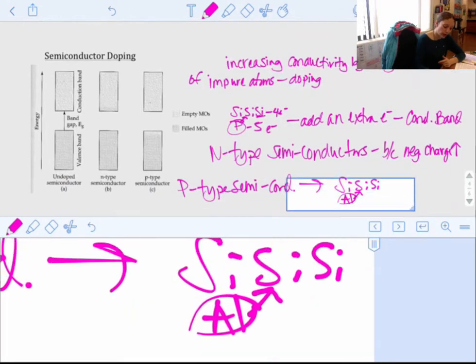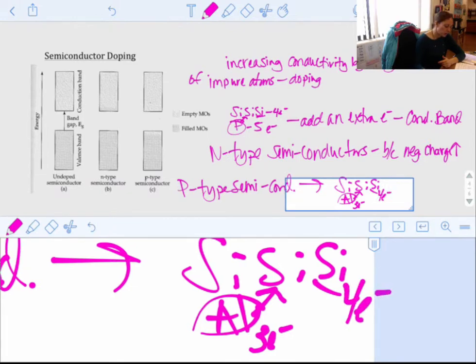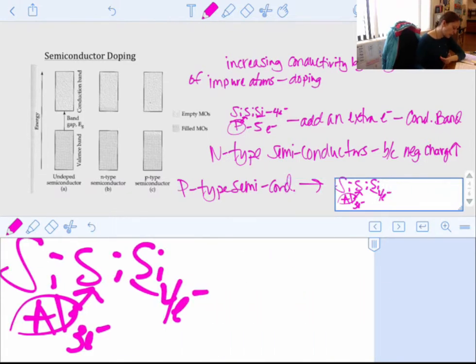Aluminum only has 3 electrons, and silicon has 4, so you now have a hole there. The spot where you lost that electron is called a hole. Since you lost that negative, it's thought of as positive, and that's what they call P-type semiconductors. You only need a few parts per million to change the conductivity of a semiconductor and make it much, much more conductive.